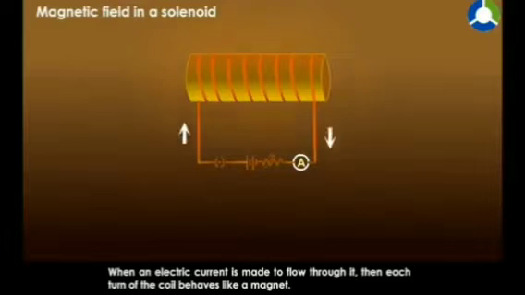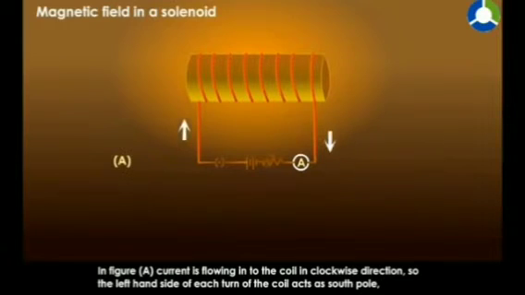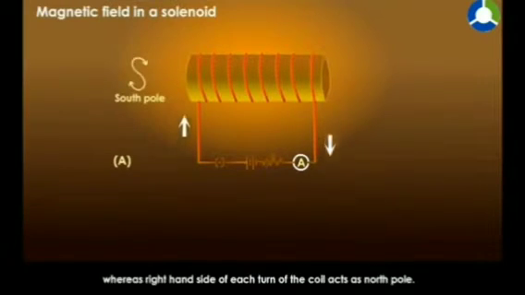When an electric current is made to flow through it, each turn of the coil behaves like a magnet. In figure A, current is flowing into the coil in anti-clockwise direction, so the left hand side of each turn of the coil acts as the south pole, whereas the right hand side of each turn acts as north pole.